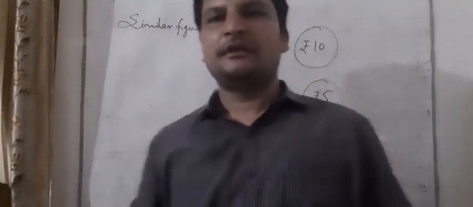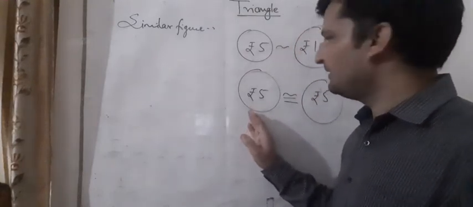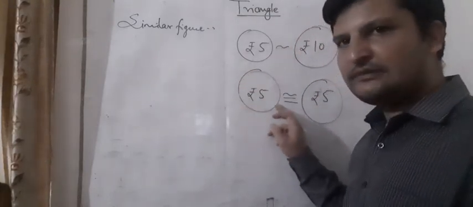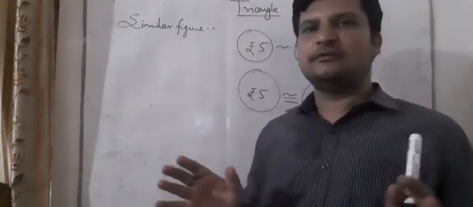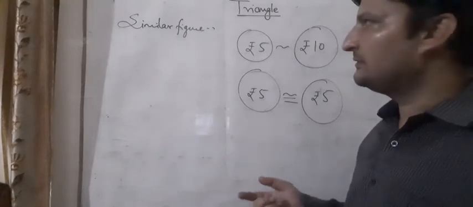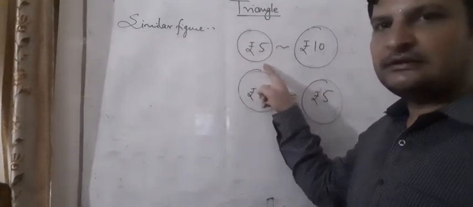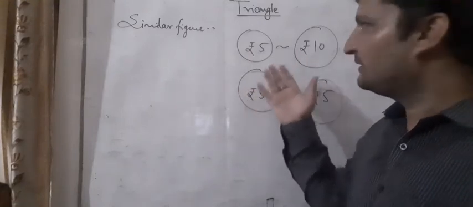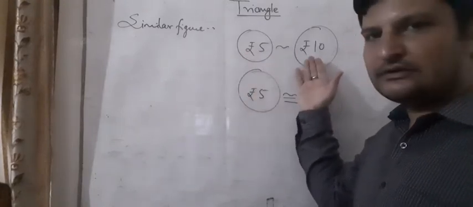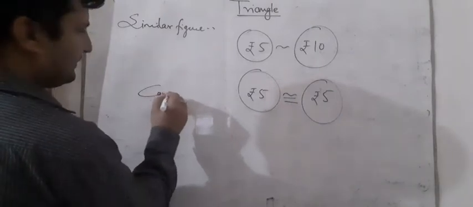These types of figures are called congruent because they are of the same shape and the same size. In similar figures only the shape is the same but not the size. So these types of figures are called similar figures, and these types of figures are called congruent figures.